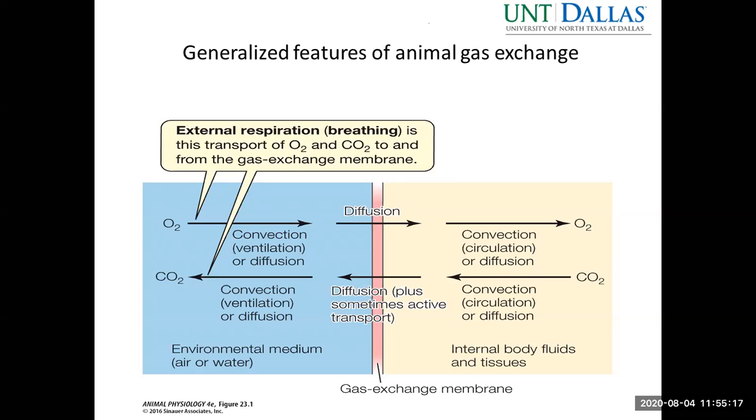You can see a gas exchange membrane, or respiratory exchange membrane, a thin layer of tissue consisting typically of one or two simple epithelia, that separates the internal tissues of the animal from the environmental medium. External respiration, or breathing, is the process by which oxygen is transported to the gas exchange membrane from the environmental medium, and by which carbon dioxide is transported away from the membrane into the environmental medium.